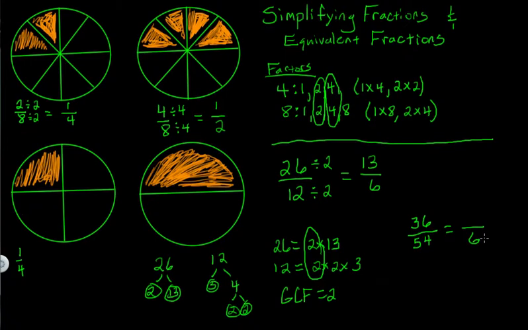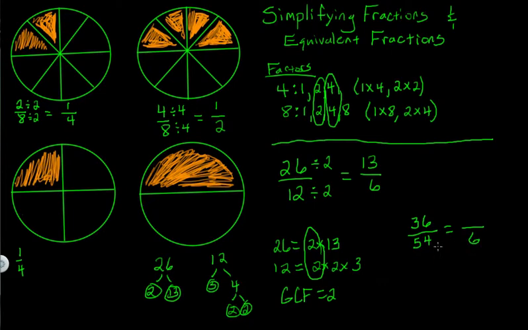Again, remember, the relationship between any equivalent fractions is a common factor. To get from 26/12 to 13/6, we divided by a common factor. In this case, to go from a denominator of 54 to 6, we are again dividing by a factor.